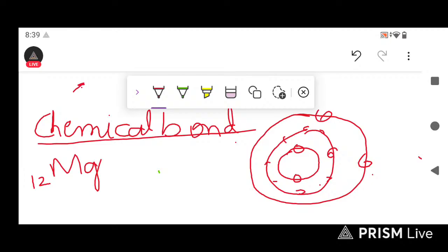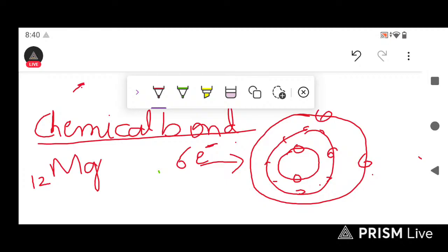Magnesium cannot take 6 electrons to complete its octet. Magnesium needs 6 electrons, but no one is so good as to give all those electrons to magnesium. The same point I made for sodium: no one is so good in this world. So instead of gaining 6 electrons, it loses the 2 electrons.